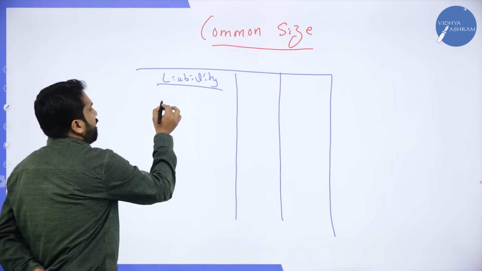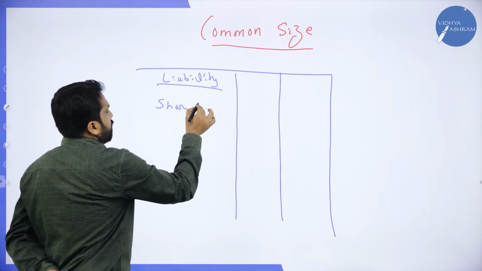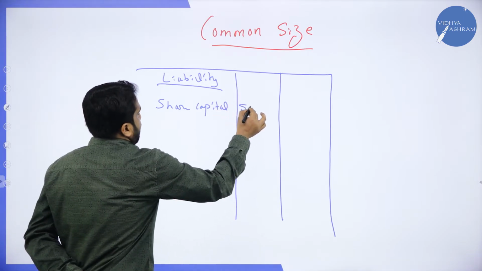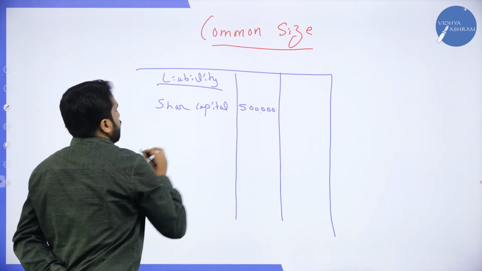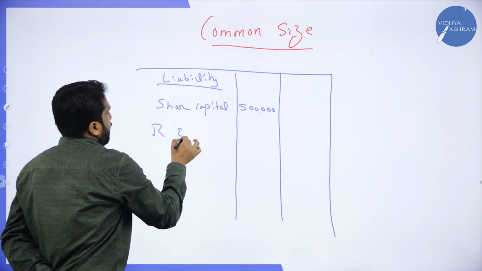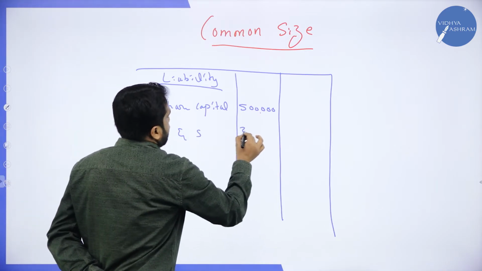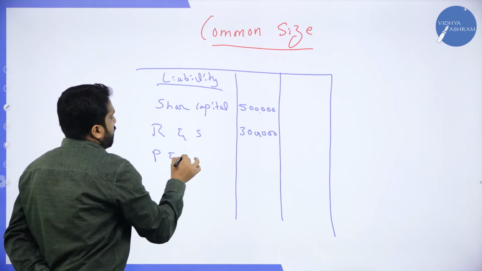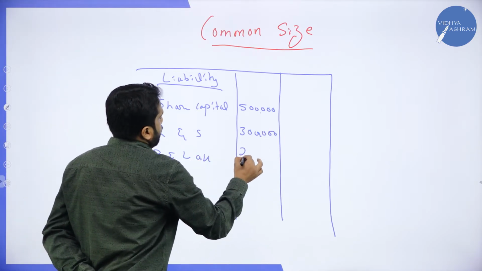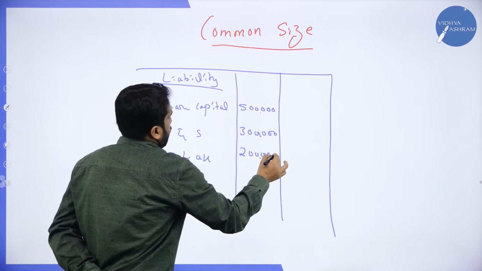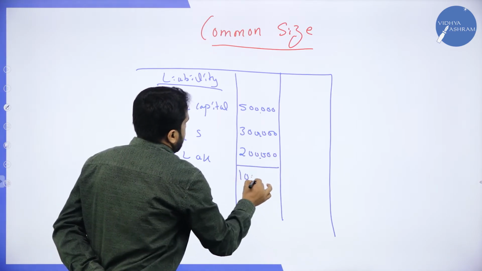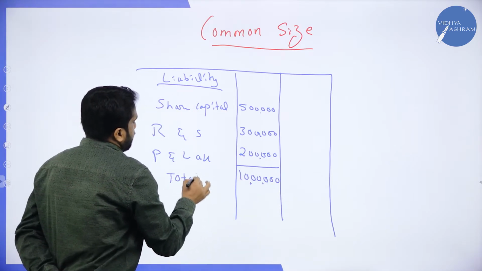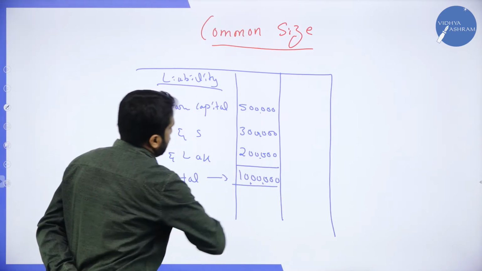For example, they have given share capital around 5 lakh, reserve and surplus 3 lakh, profit and loss account 2 lakh. What is the total? It is 10 lakh.